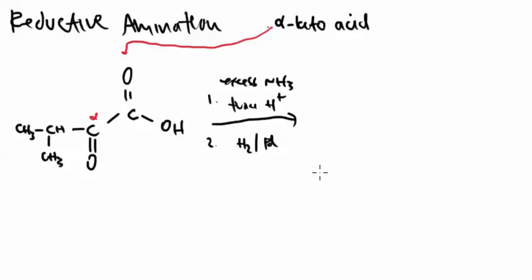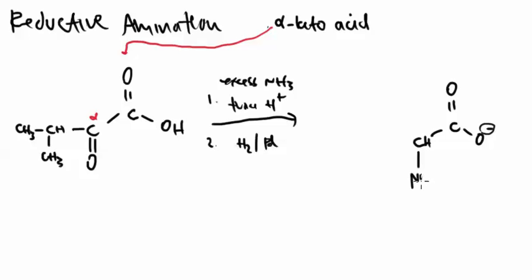Alright, so what happens here? Well, the C double bond O and the O stay in place. This gives us the acid part of the amino acid. And at the alpha carbon, we see a substitution reaction in a way. Not really. We break the double bond and then the mechanism goes forward a couple of other steps.